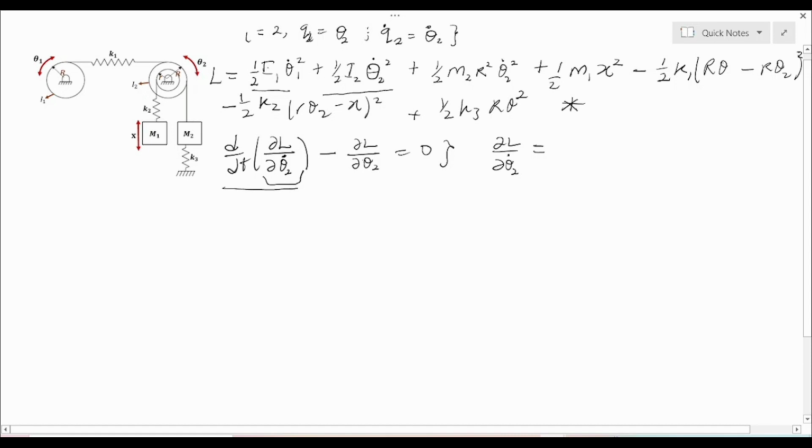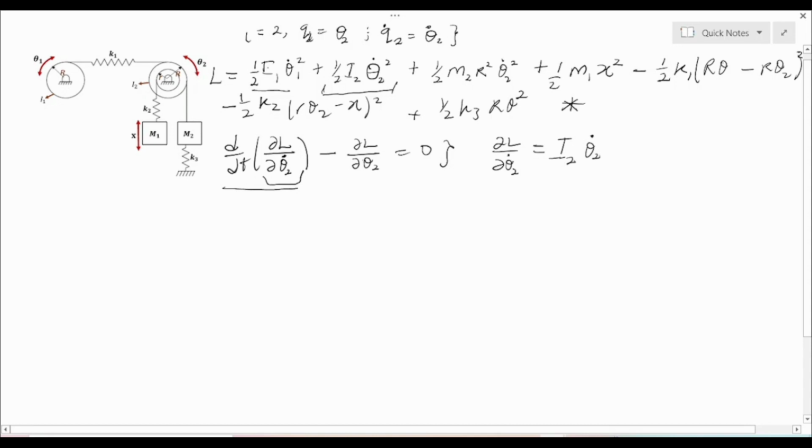So we're going to start by differentiating this term. If we differentiate this term with respect to theta 2 dot, we are going to get 2 times half, which will cancel the half. So what will be left is I2 times theta 2 dot. Then the next term also has theta 2 dot.